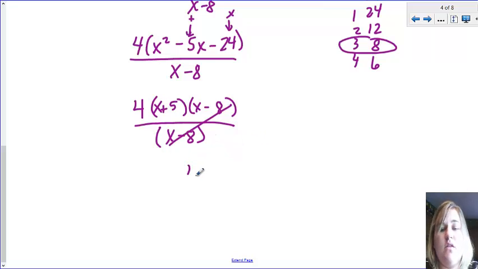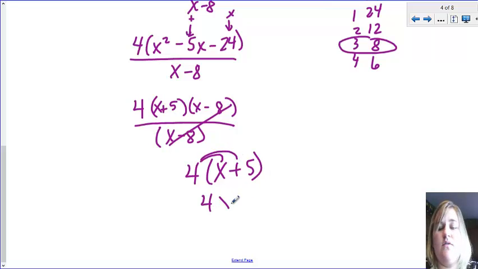And that leaves me with 4 times x plus 5, which I could then distribute to get 4x plus 20. Final answer. Let me actually look and see how they did it. Yes, they went ahead and distributed.